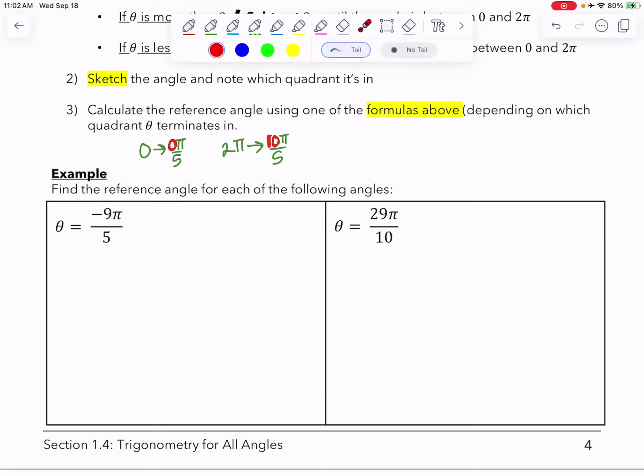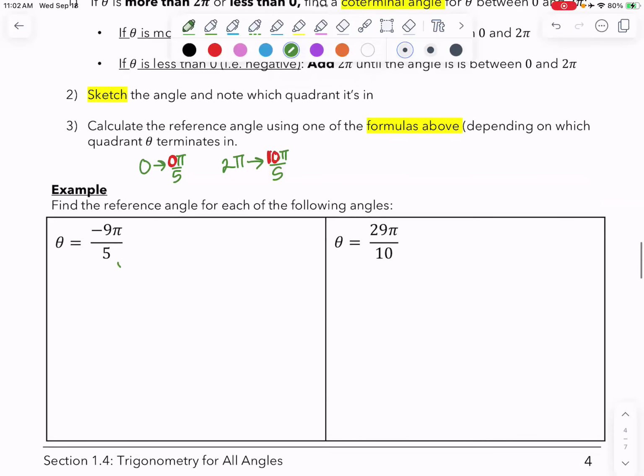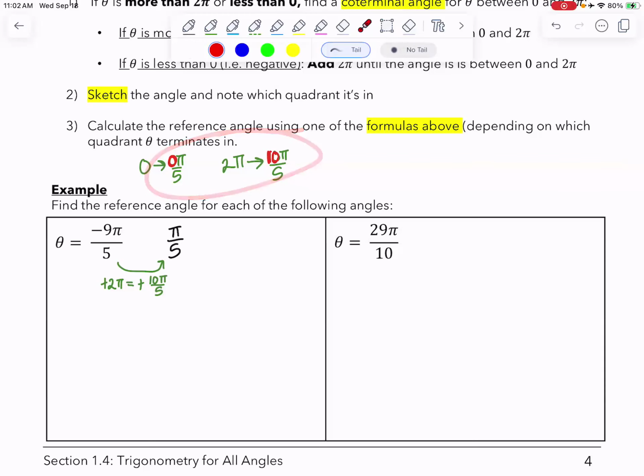Right now, the number we have is -9, so we need to add 2 pi, which is the same thing as adding 10 pi over 5. -9 plus 10 is 1. So we get 1 pi over 5, or pi over 5. 1 pi over 5 is between 0 pi over 5 and 10 pi over 5, so that's the angle we're going to work with.